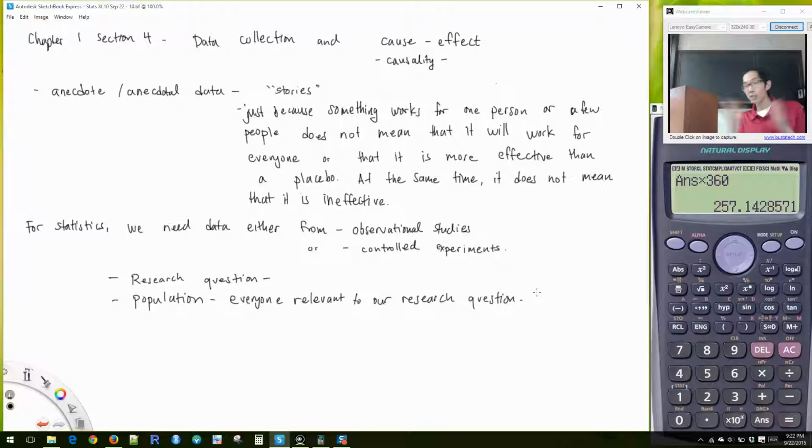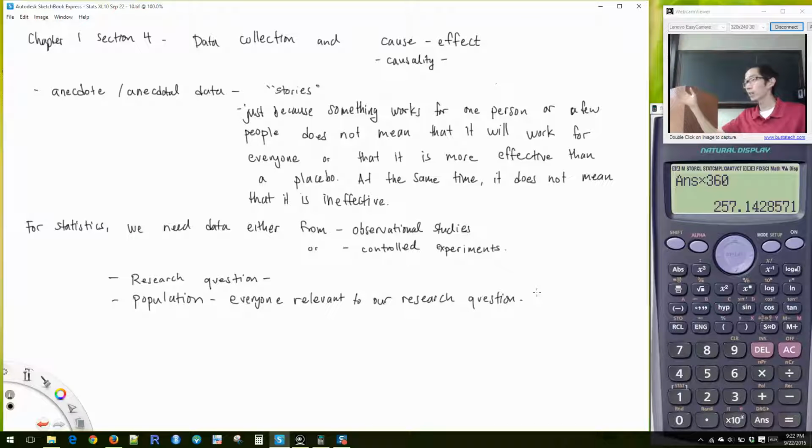Obviously, I can't study every single person with diabetes, and so hopefully I'm getting a sample of people who are willing to test out the drug, and hopefully these people would be representative of everyone with diabetes, okay?